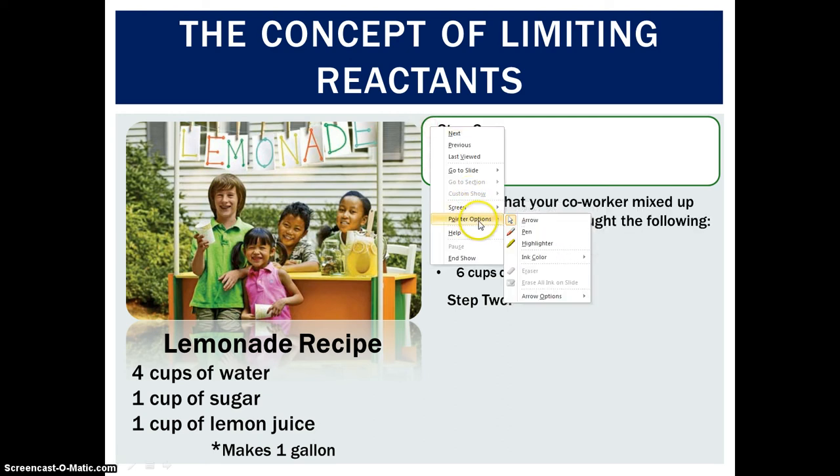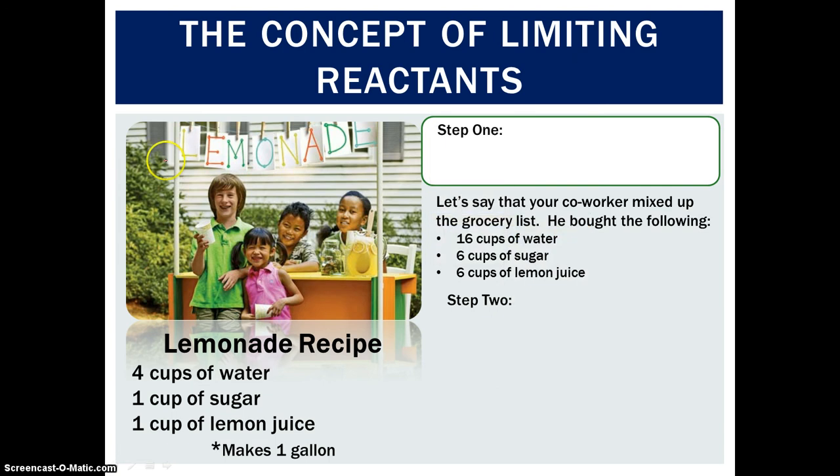We have 4 cups of water plus 1 cup of sugar plus 1 cup of lemon juice yields or produces 1 gallon of lemonade.